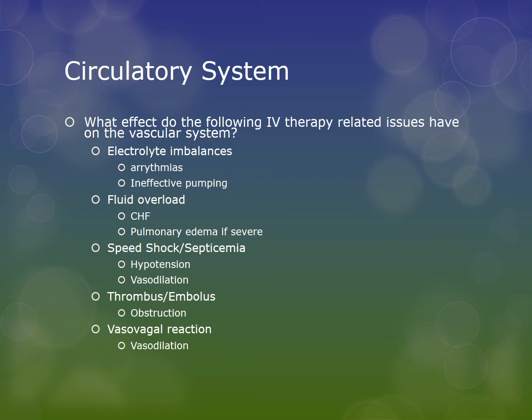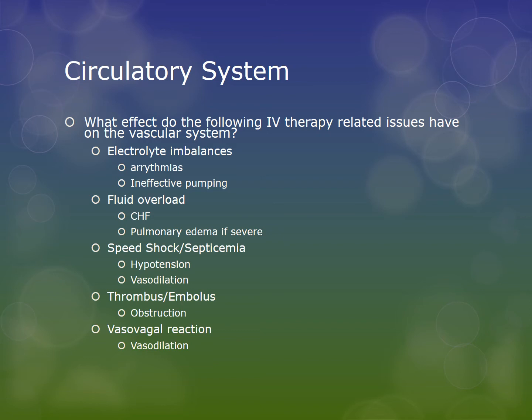Electrolyte imbalances, we know that electrolyte imbalances can cause all kinds of issues related to the vascular system. So it can cause arrhythmias, it can cause ineffective pumping. That would be kind of like a potassium issue and or a calcium issue. Okay, fluid volume overload, you can definitely see the symptoms of CHF in your patient.